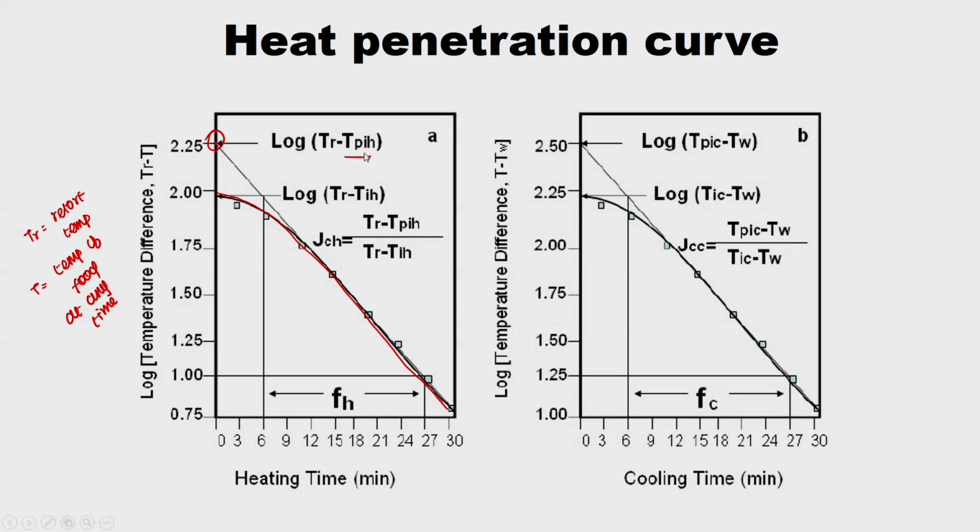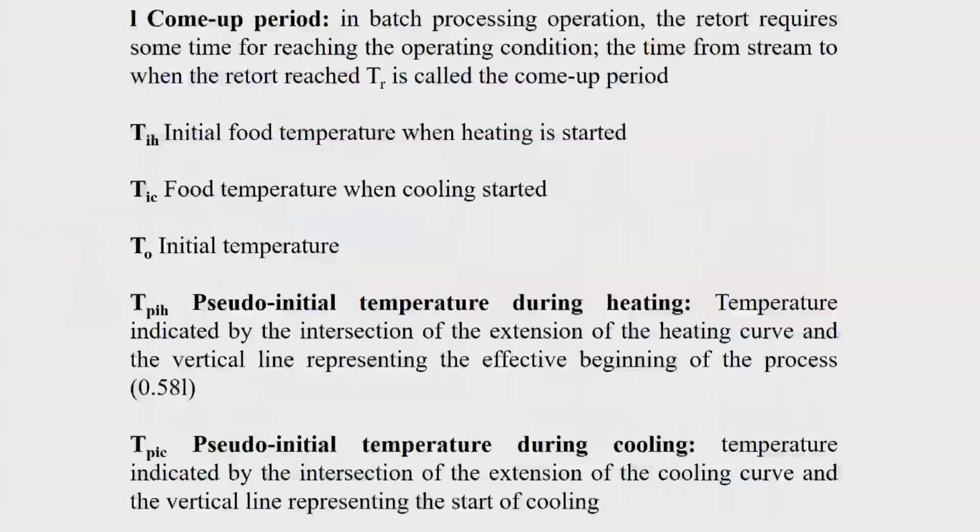Remember, here we have certain abbreviations: TPIH, TIH, TR, which I have already told, and there is something called JCH, another is FH, right. First one is come up period. I have already told, in batch processing operation the retort requires some time for reaching the operating condition.